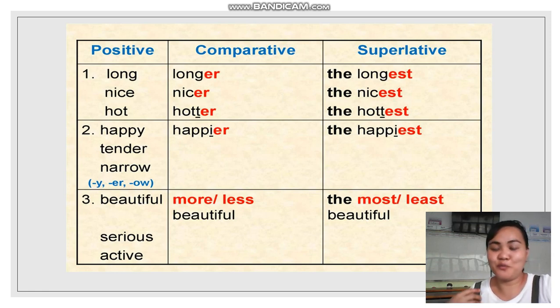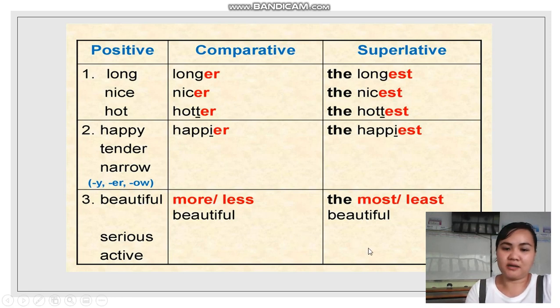So that's how you describe a person or compare persons. Okay. So serious, more serious, the most serious, or you could say, like, active. She's less active in the class. Or you can say that Anna is the least active in the class.